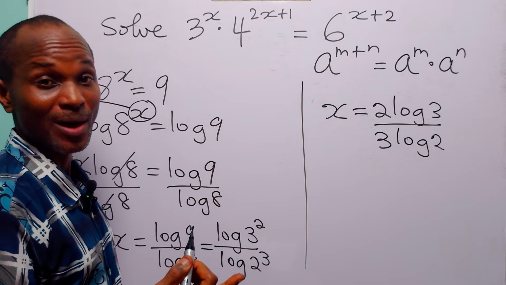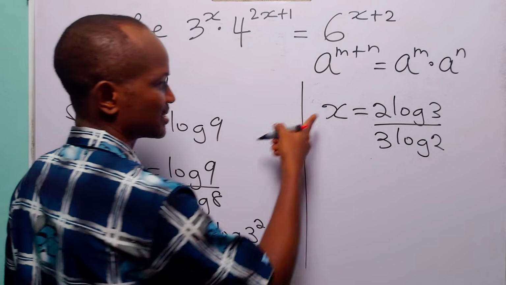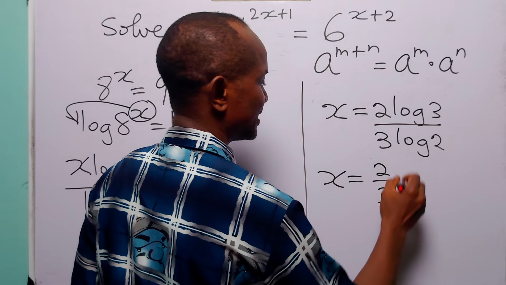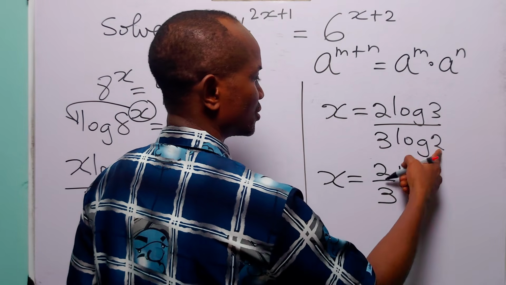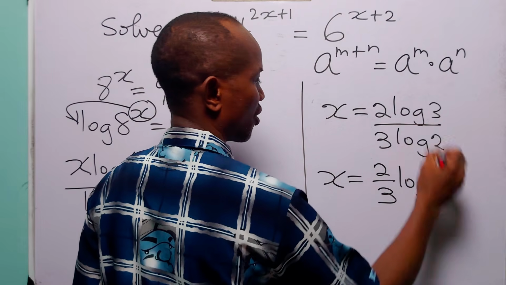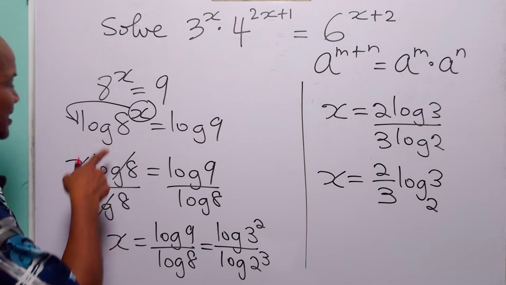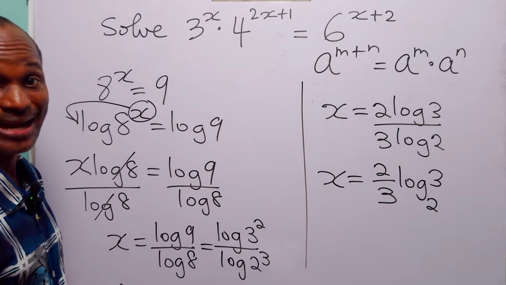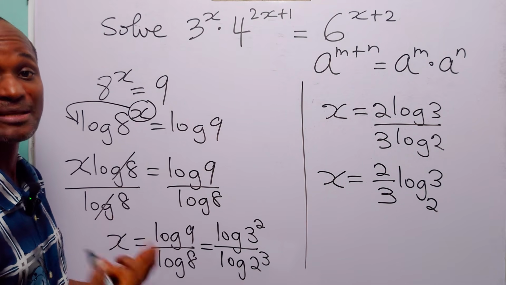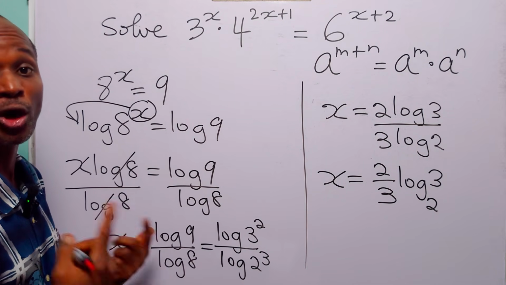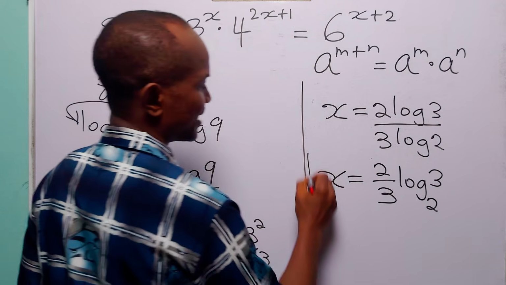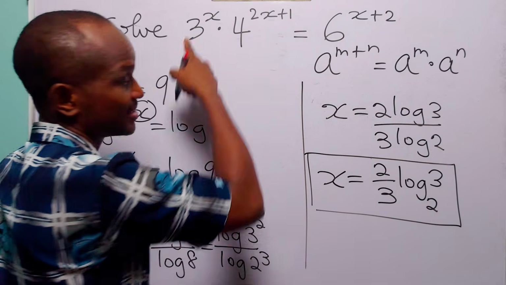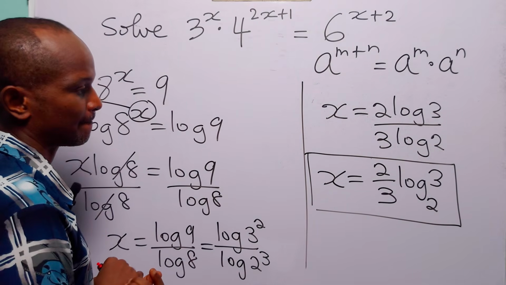And of course, according to our change of base formula for logarithms, we can also write this as 2 over 3 times log base 2 of 3. Of course, you know that the log that we applied here is in base 10, because when we write log without specifying the base, it simply means we are working in base 10, common logarithms. So finally, we have that this is the value of x that satisfies this exponential equation.